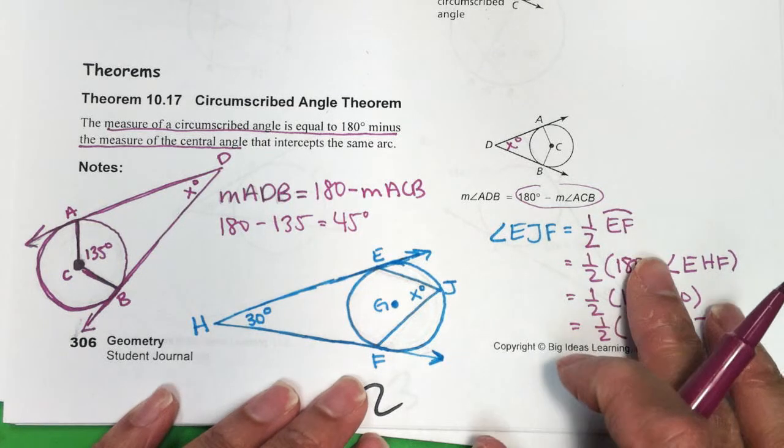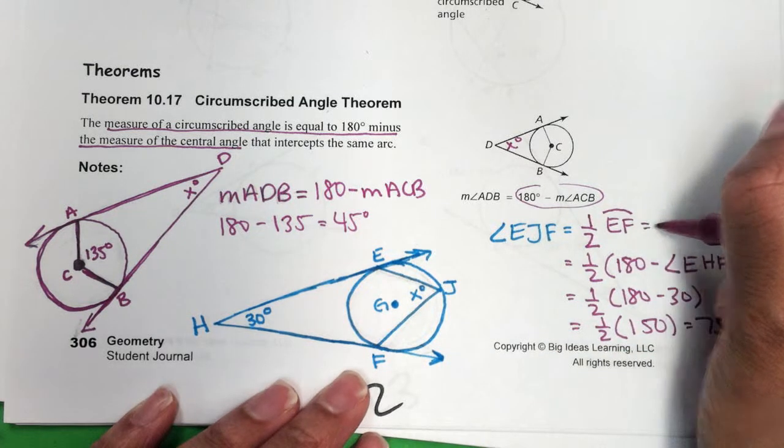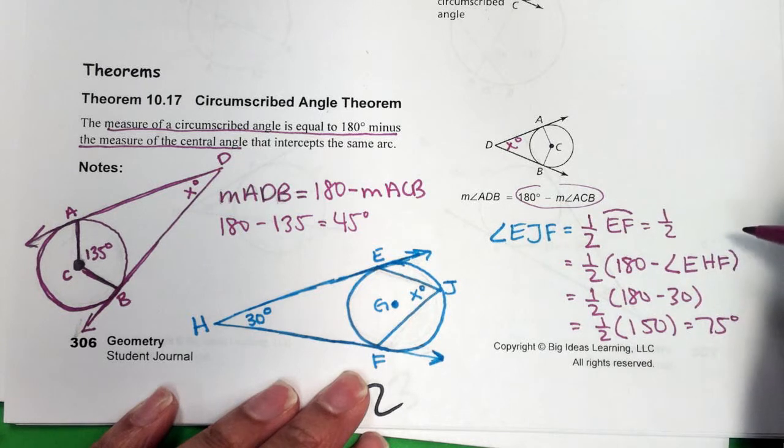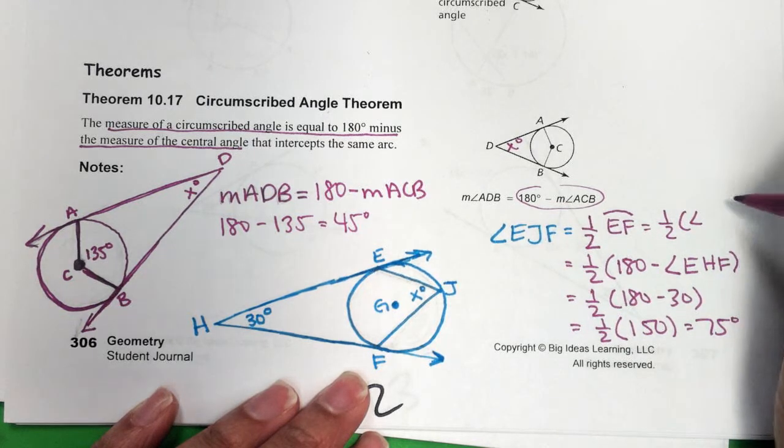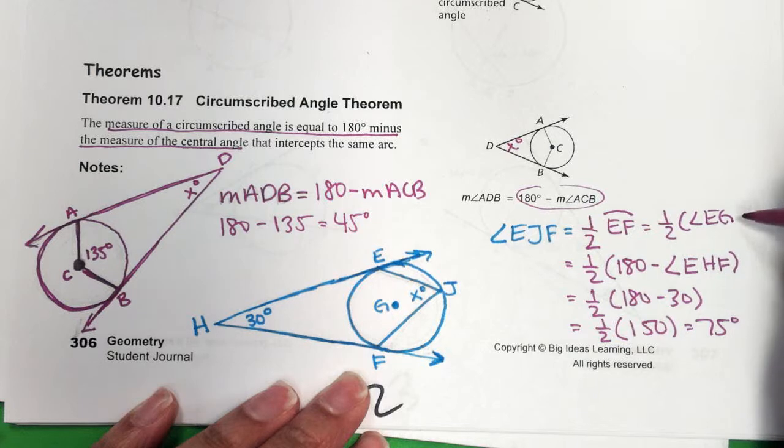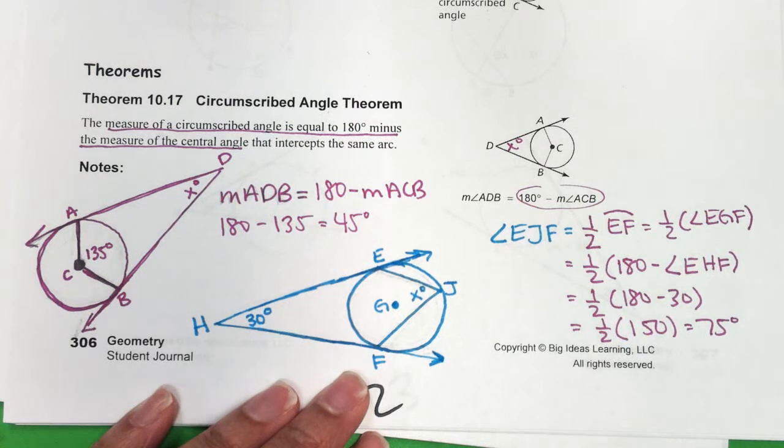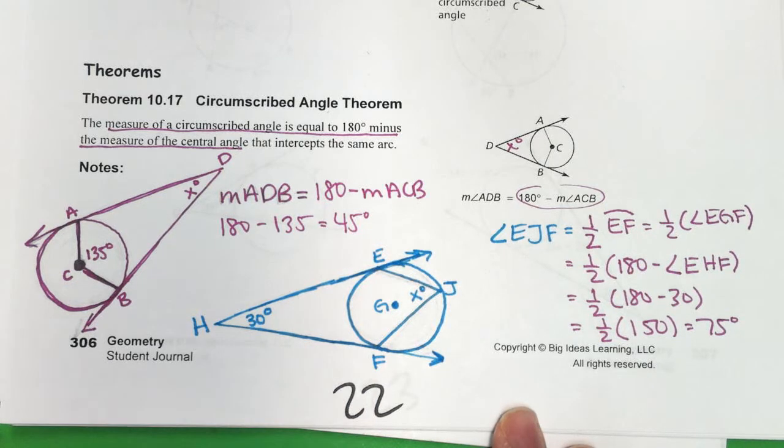That one's applying an extra theorem because this comes from the angle measure of EGF. Okay? That's a little bit harder example, but you will need to know it for upcoming uses.